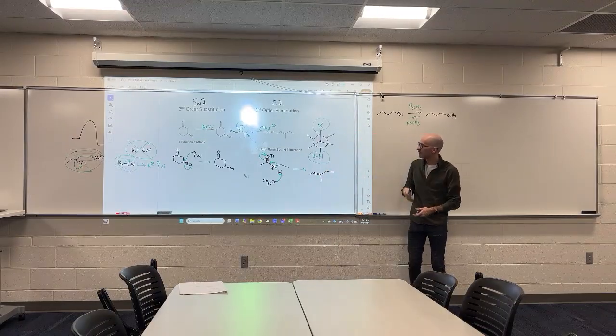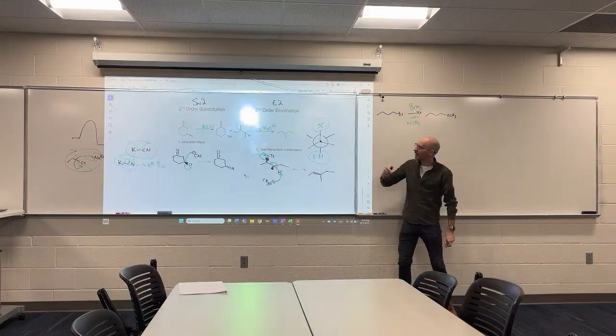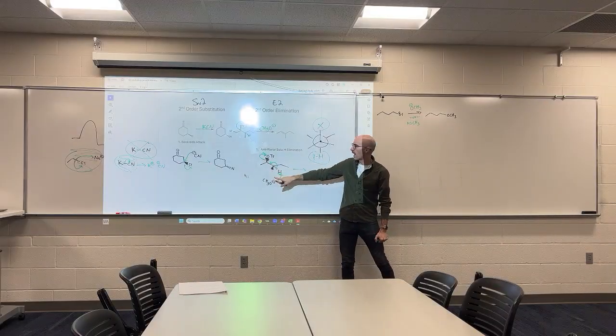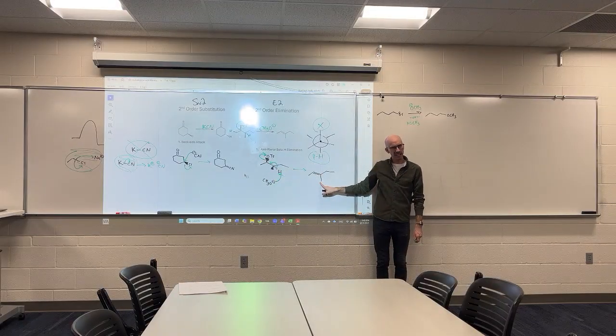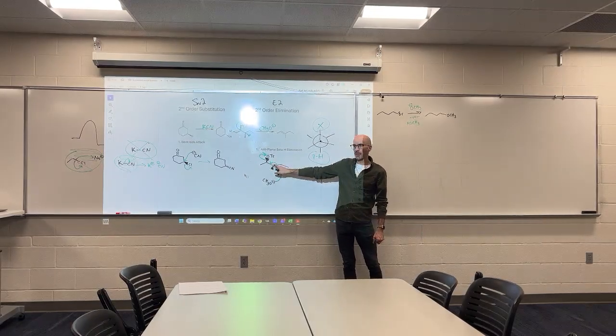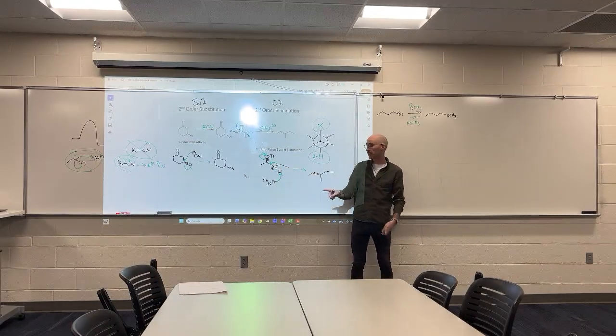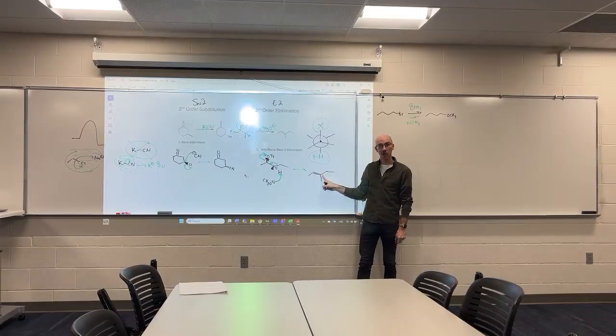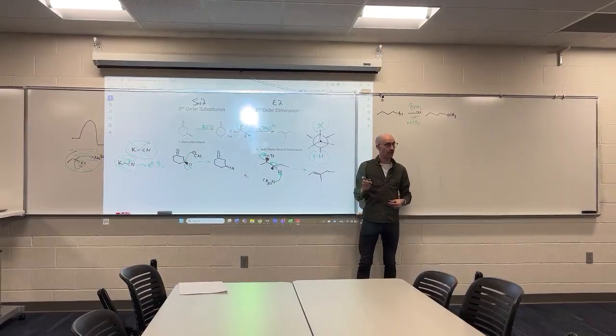Can you tell me this? Why did the methyl group go from wedged to in plane? It has no more tetrahedral character. This is a tetrahedral carbon. It has wedged and dashed groups. This is a planar carbon. It does not have wedged or dashed groups.